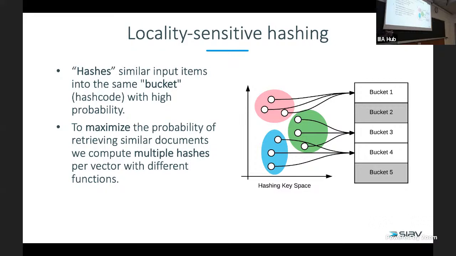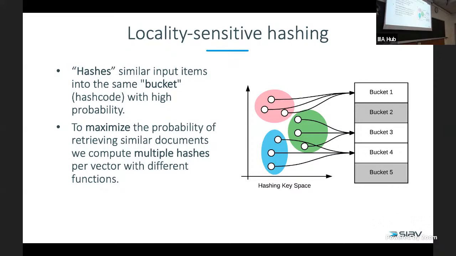The way we are using this algorithm is that we compute the bucket where our query ends up, and we compute the exact similarity only on the documents that are in the same bucket as our query. Now, you might see from the image that some items in blue are very close to some items in green, but are not sharing the bucket. This is an issue because you wouldn't be able to retrieve the close-by documents in green.